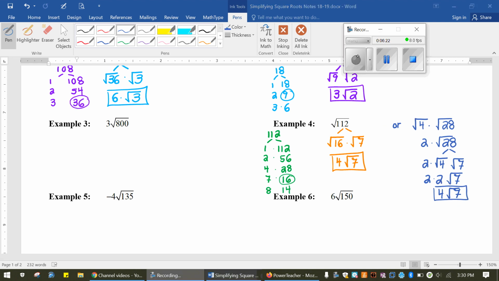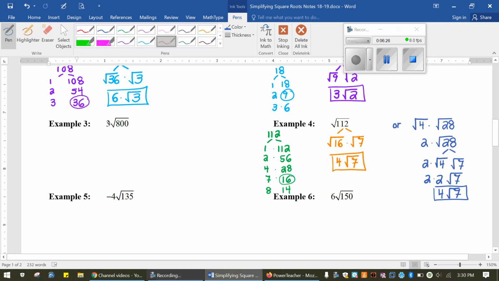All right, so let's take a look at number 3. In number 3, you've got a number in front of your radical that we're going to have to deal with after we simplify this. So we're going to start with the 800. So 1 times 800, 800 is not a perfect square. 2 goes in 400 times.